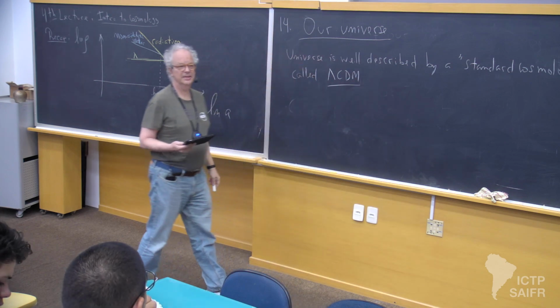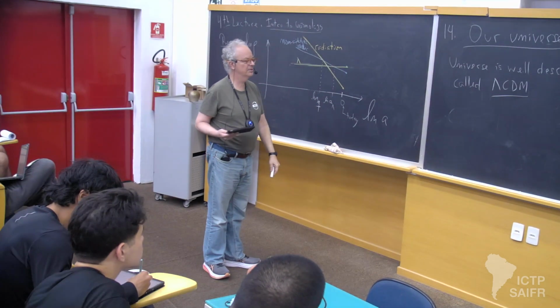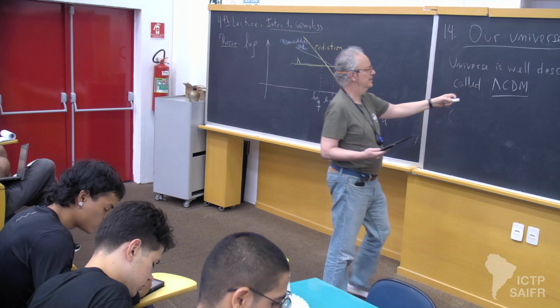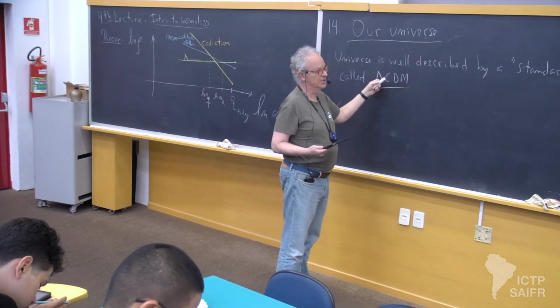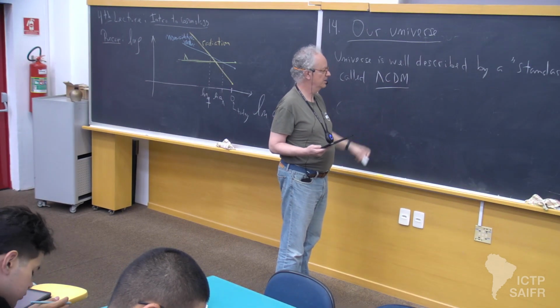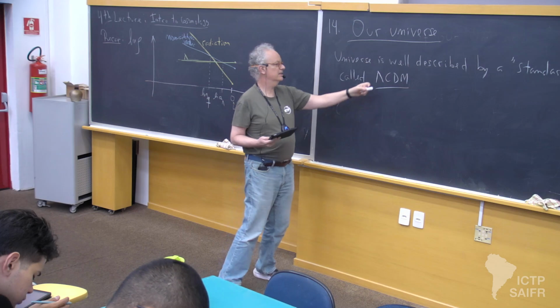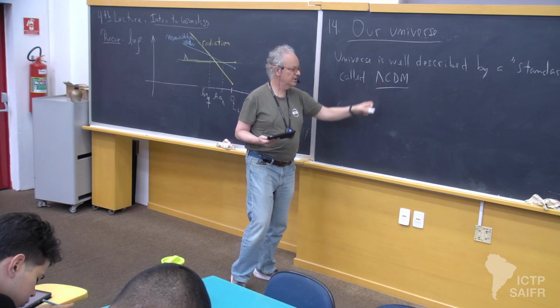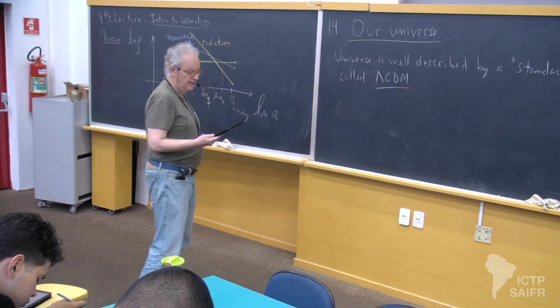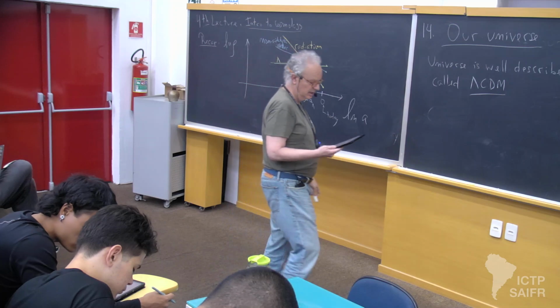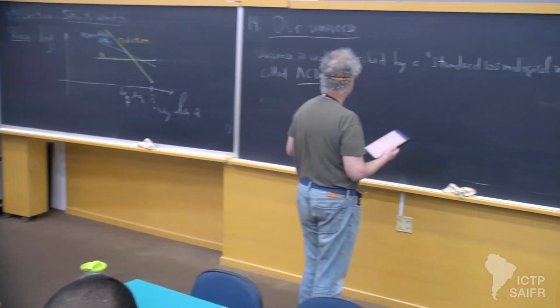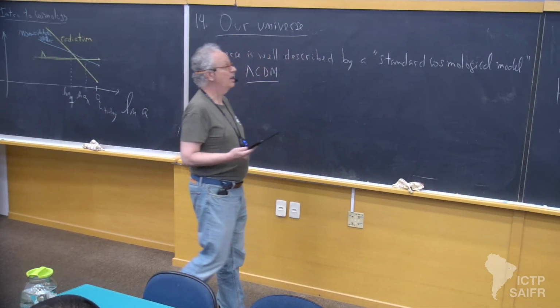So what is a Lambda CDM model? It's a model where the universe has a component which is dark energy and a component that is cold dark matter. And the cosmological constant is responsible for the acceleration of the universe. So the question is, how many parameters?